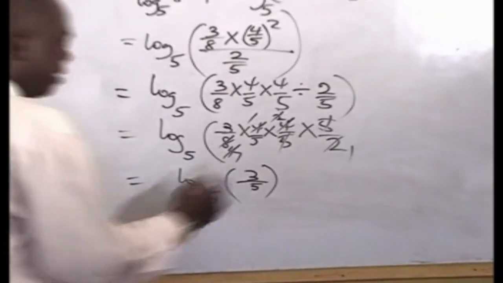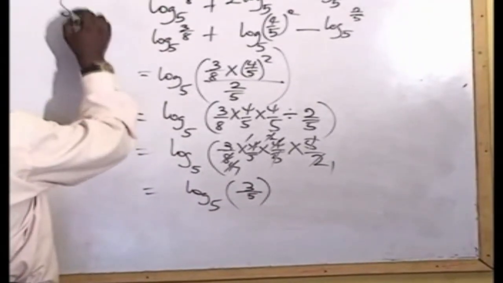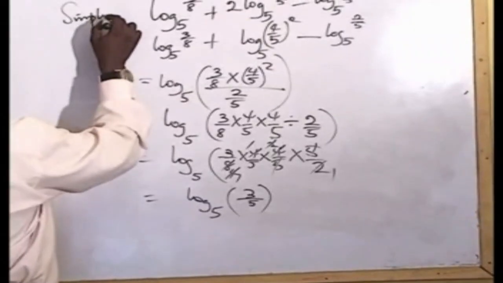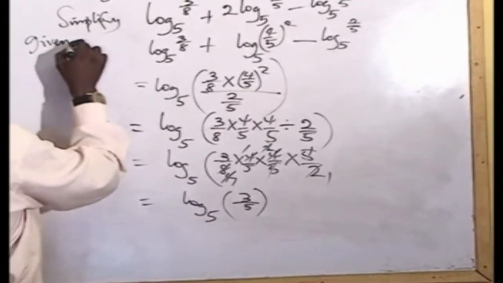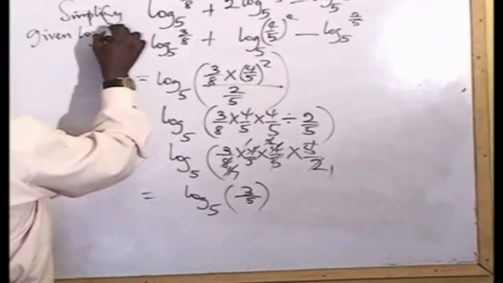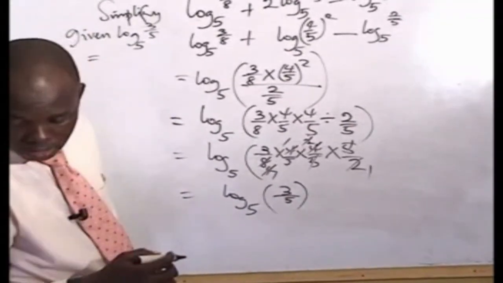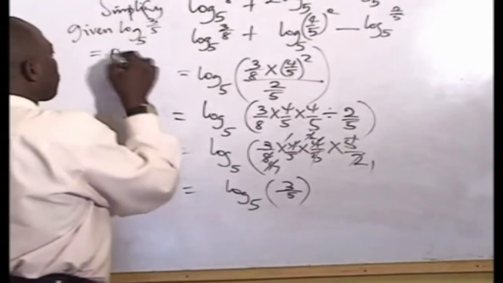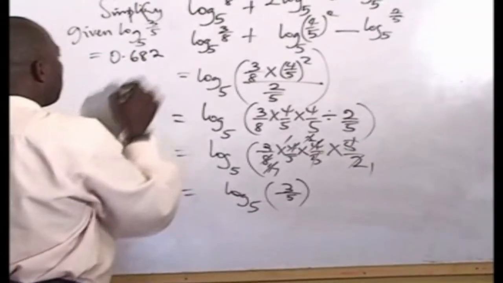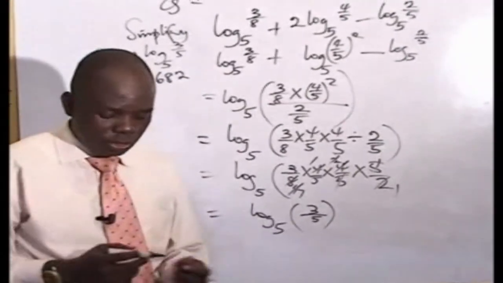And the question says simplify, given that log 3 over 5 base 5 is equal to 0.682.